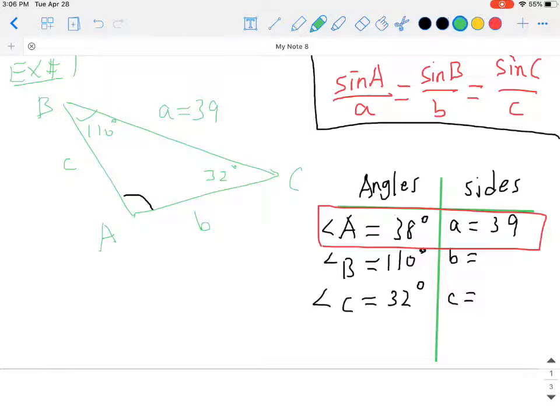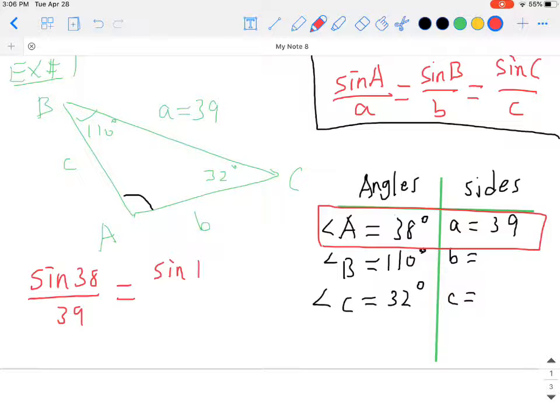So we can use the ratio sine A over a: sine 38 over the side 39, equal to sine B over b.